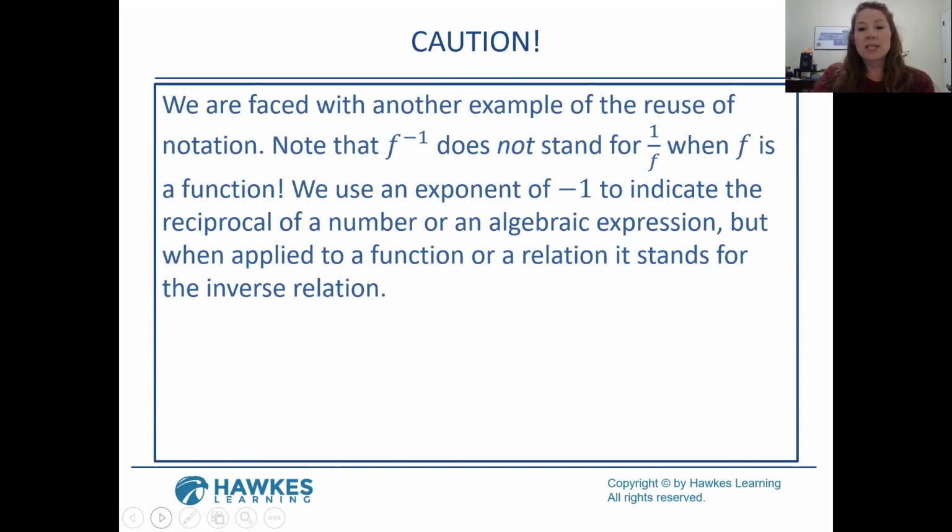Now, we are faced with another example of the reuse of the notation. Note that f to the -1 does not mean 1 over f when f is a function. We use an exponent of -1 to indicate the reciprocal of a number or an algebraic expression, but when applied to a function or a relation, it stands for the inverse relation.